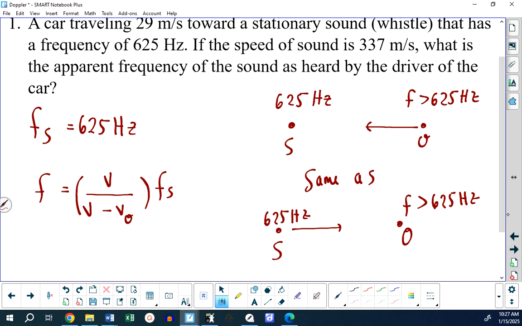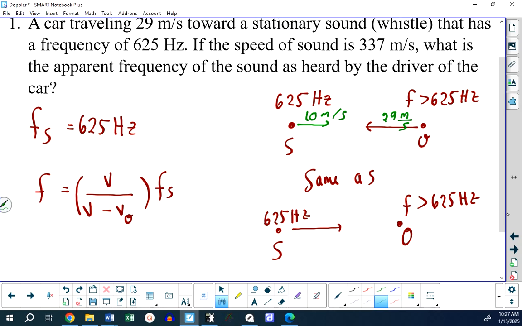I'm going to go one step further, and I don't know if we'll get to an example like this today, but don't write this down because it's not the question. If this were moving at 29 meters per second, and this were moving at 10 meters per second, then you would put 39 down here because they're getting closer together at 39 meters per second.